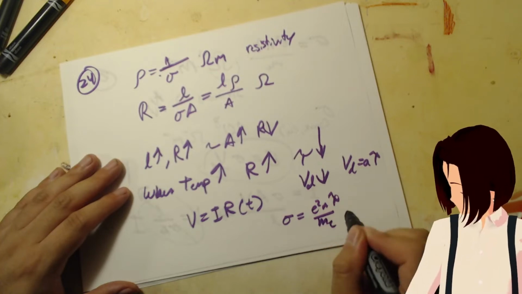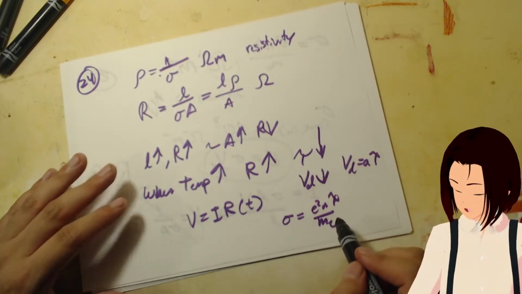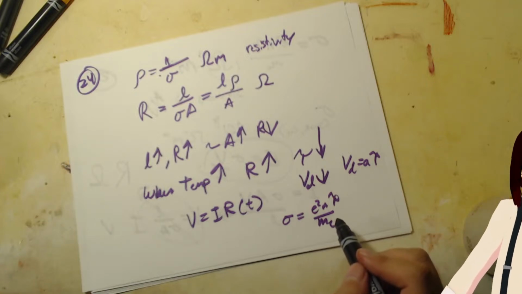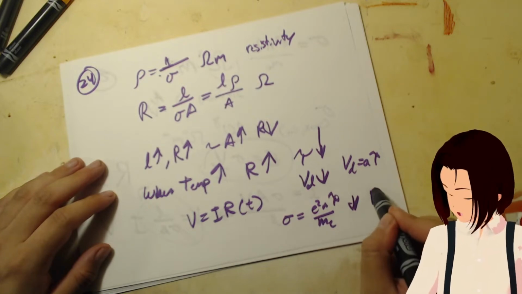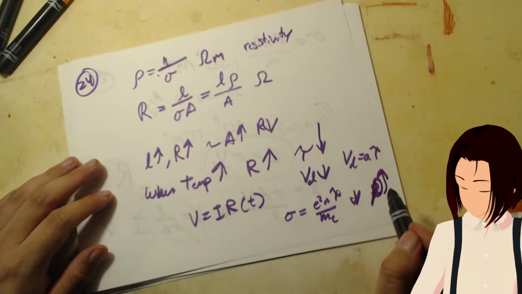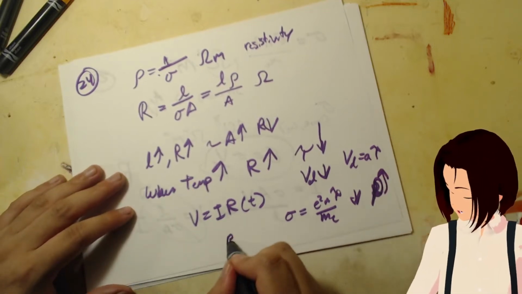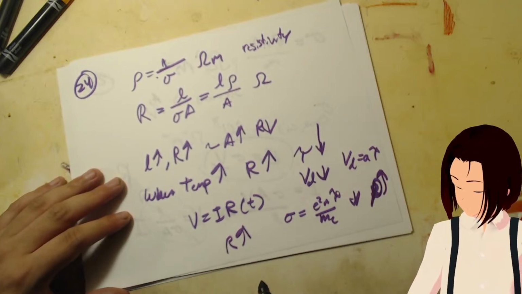So conductivity goes down. So rho goes up, and therefore R goes up.